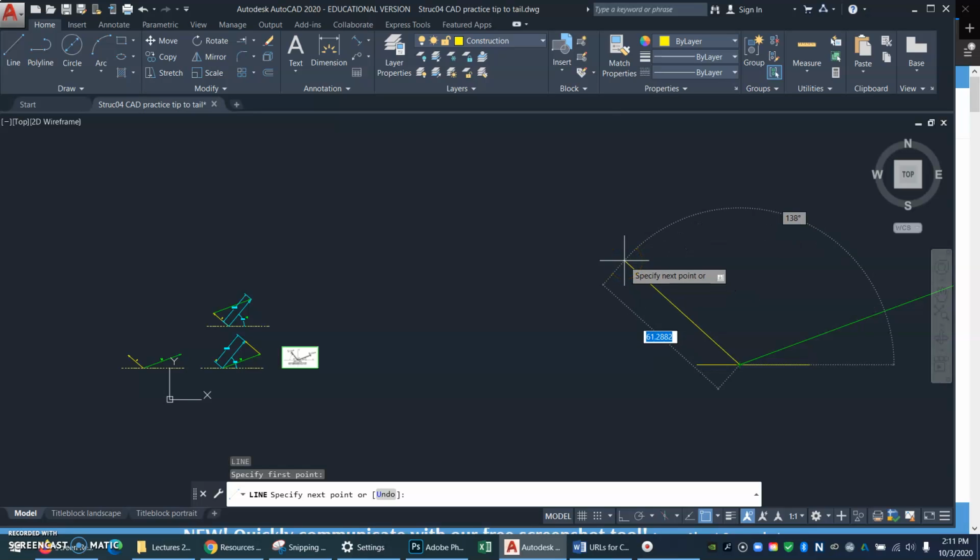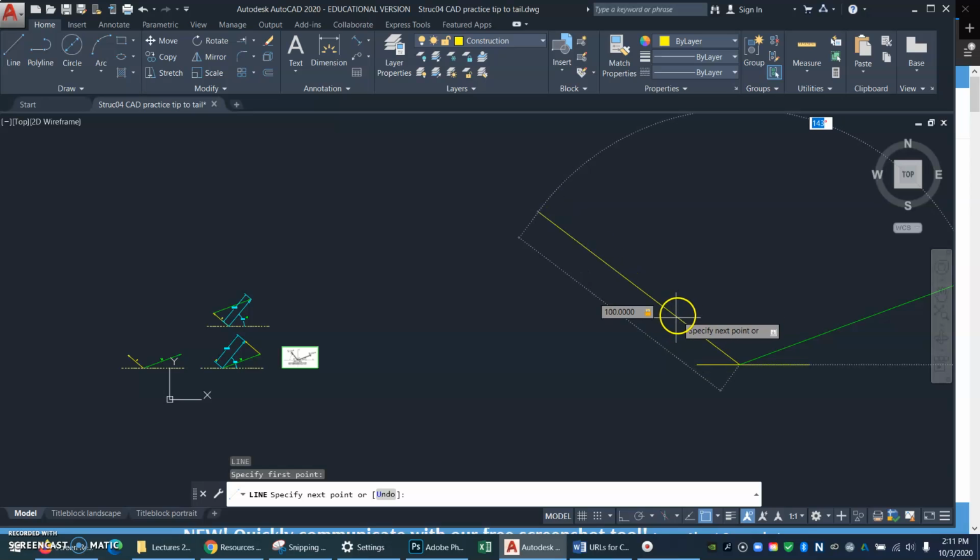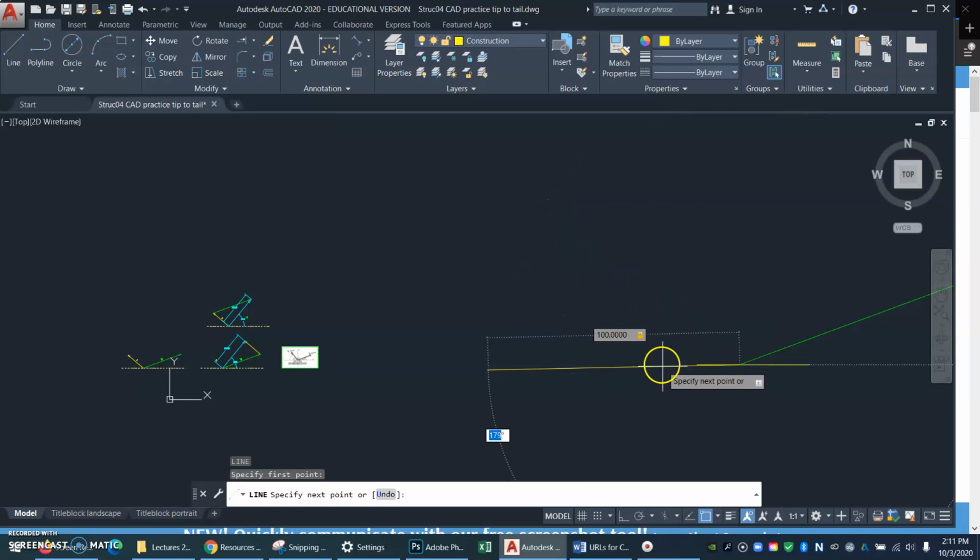I'll make it 100 things long, and then I'll tab over to the angle box. But what is going to happen if I enter 40? I'm going to be way the wrong direction. I need to be 40 degrees off of horizontal over here.